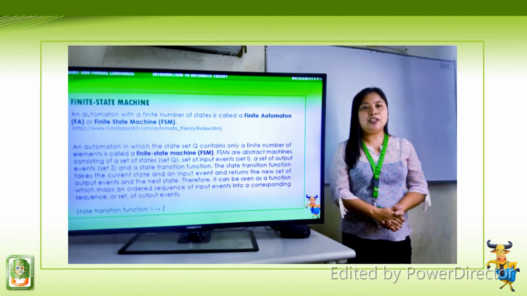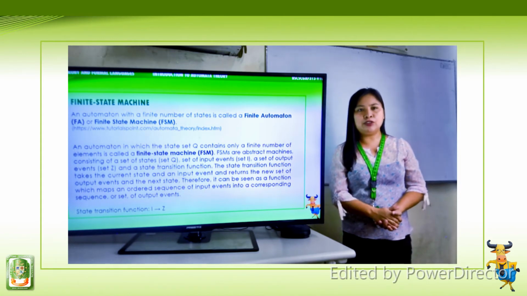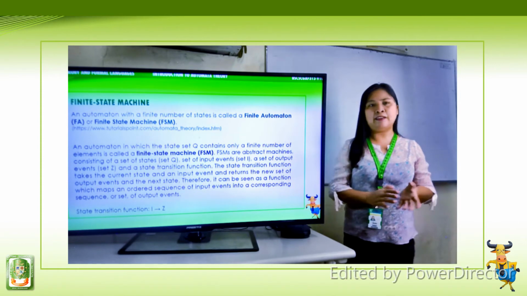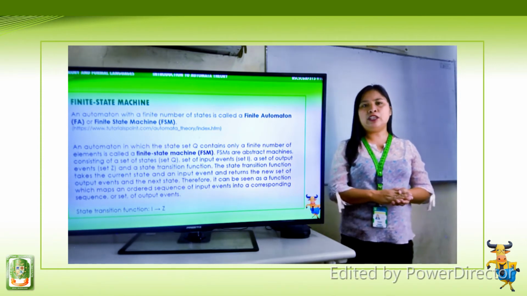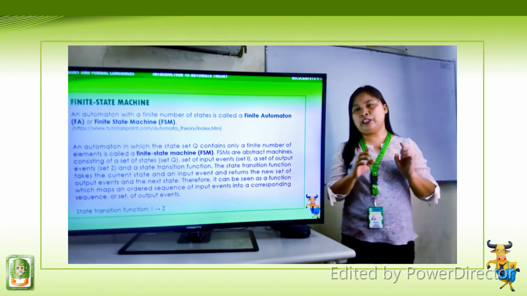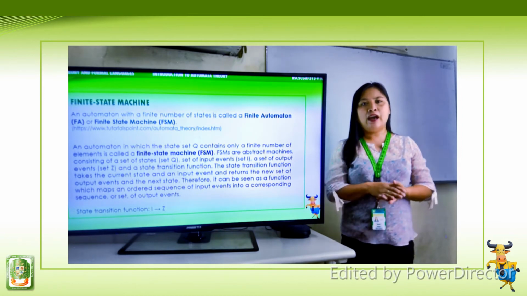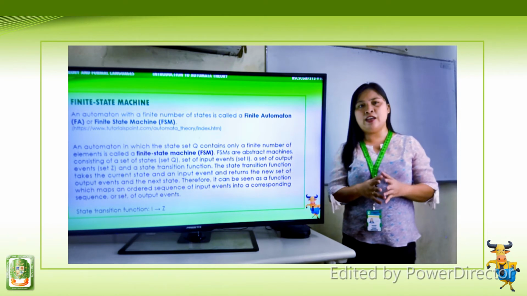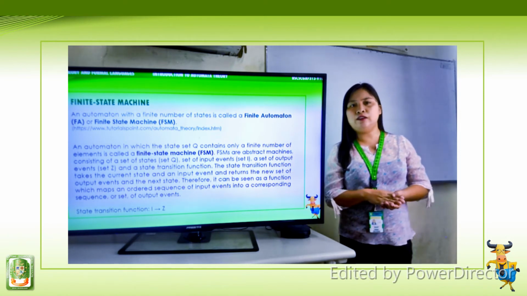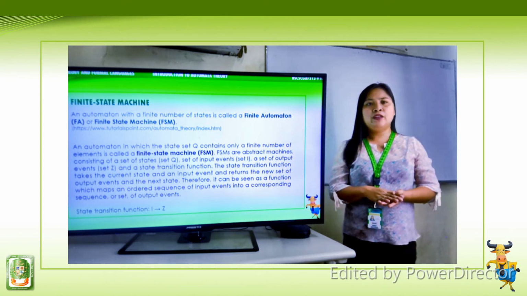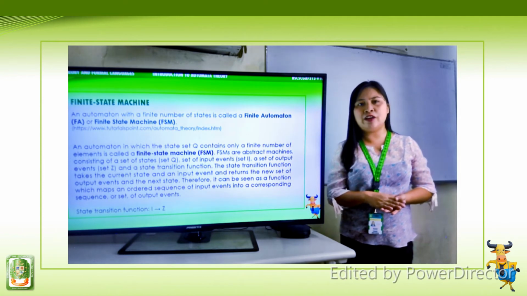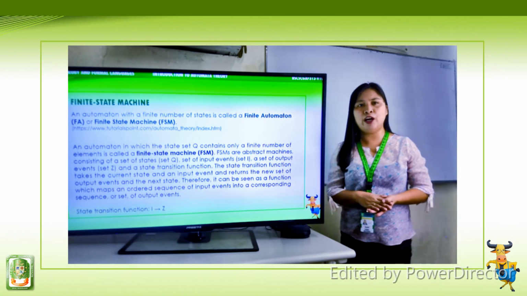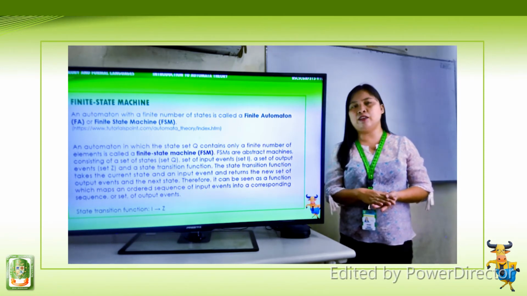So, FSMs are abstract machines consisting of a set of states na nire-represent natin gamit yung set Q, a set of input events or tinatawag nating set I, a set of output events na pwede nating gamitin yung set Z, and a state transition function. The state transition function takes the current state and an input event and returns the set of output events and the next state.